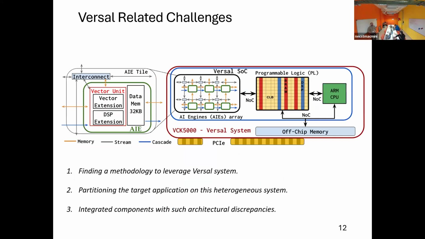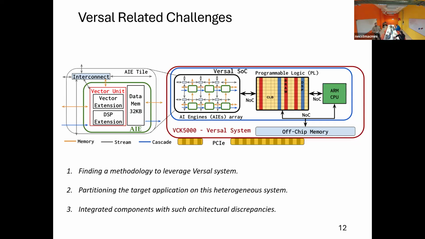However, targeting this kind of heterogeneous system is challenging. There are challenges about how to partition an application across different hardware layers. Indeed, in a versatile system, we have the FPGAs for flexibility and AI engines. AI engines can be seen as a lot of small cores that give a lot of computational capabilities thanks to the vector units and parallel APIs, but they must be properly exploited to avoid deadlocks and problems when making these two architectures communicate.